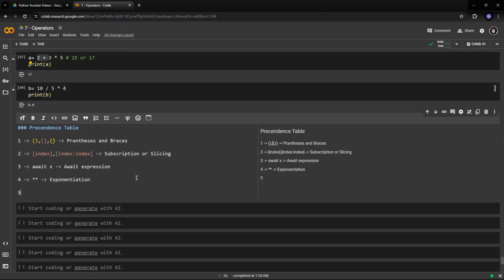Fifth is positive, negative, or bitwise not. So you have positive or negative or bitwise not operators, and these get this precedence.